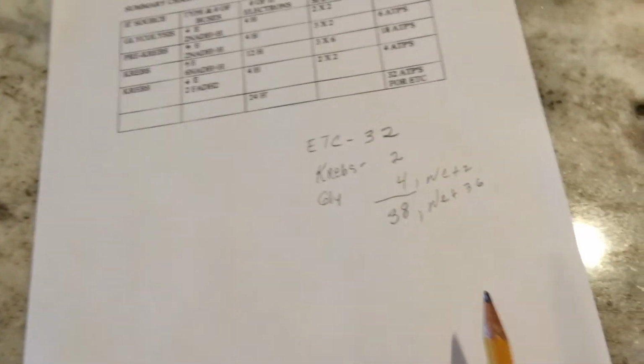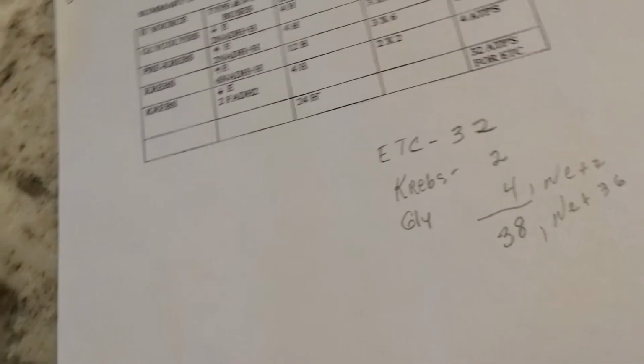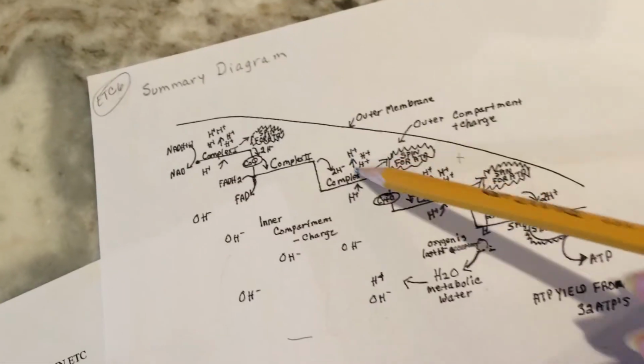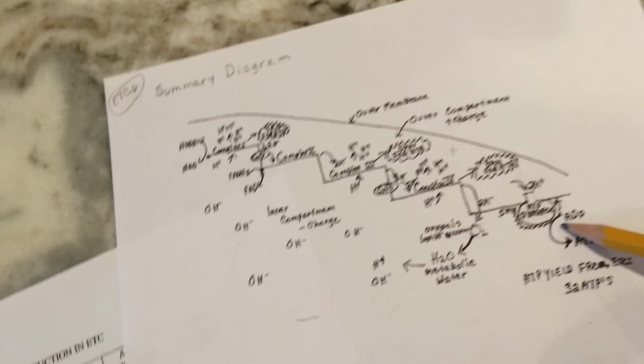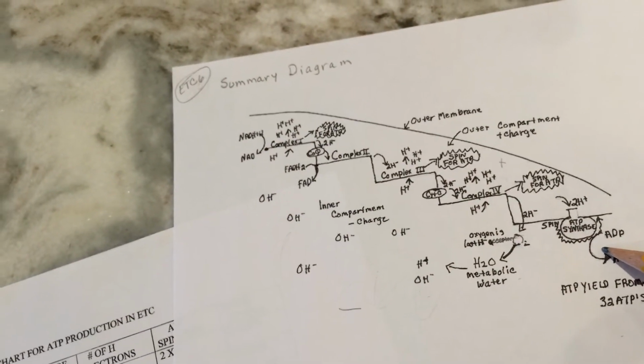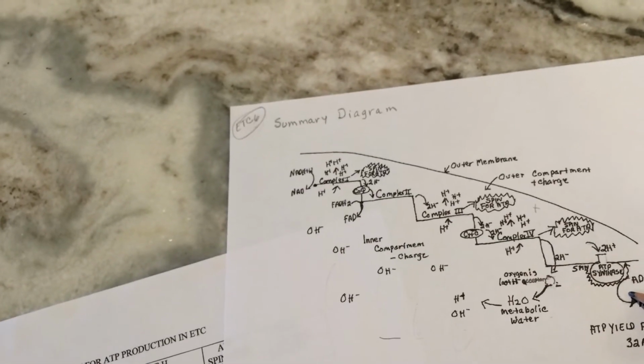Now, if you are a prokaryotic cell, a bacterial cell, bacteria don't have any mitochondria. And so all of these steps for ETC, instead of being on the cristae of a mitochondria, those proteins are embedded actually in the plasma membrane of the bacterial cell.